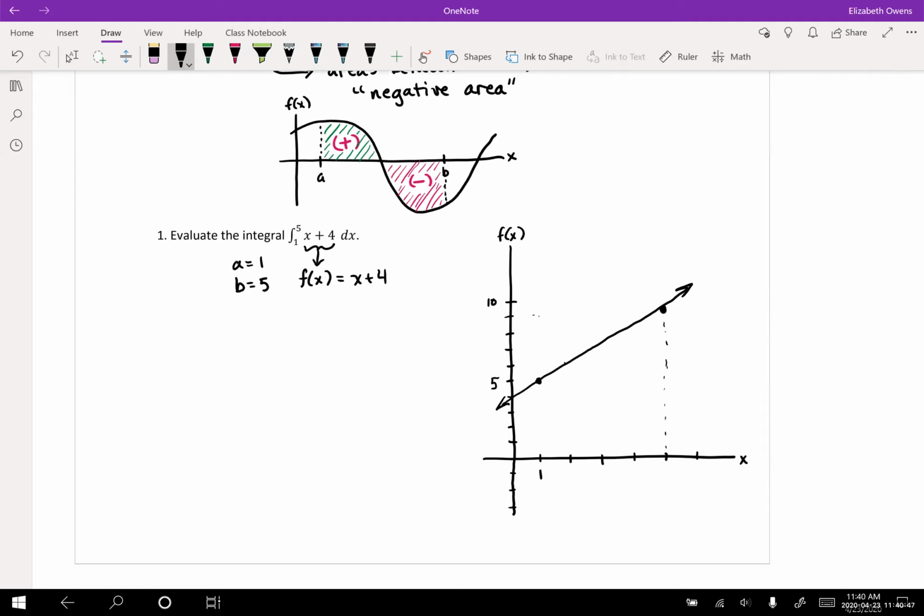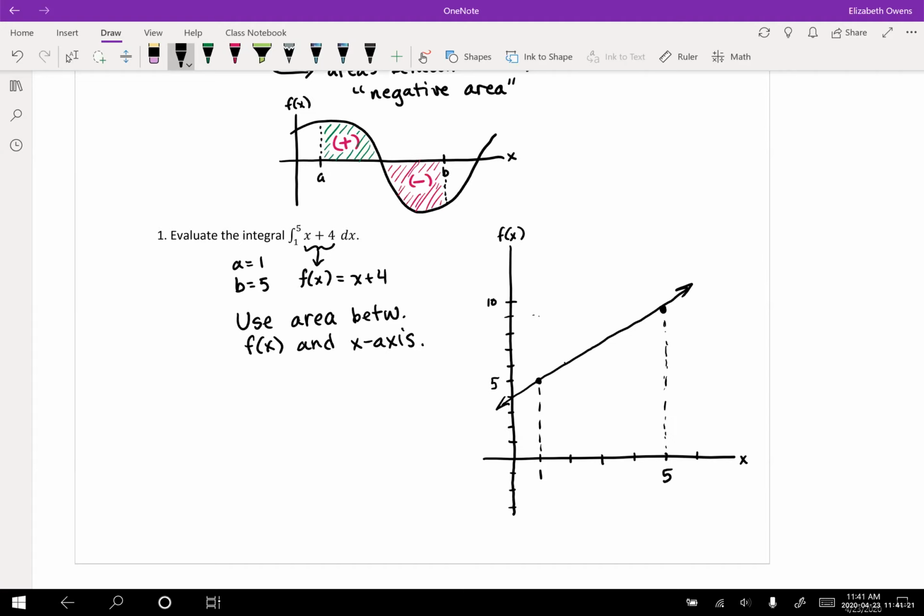And so to find the integral here, we're going to use the area between f of x and the x-axis. Now here, going from 1 to 5, this function has been set up nicely so that on this one, we don't have to worry about net area.